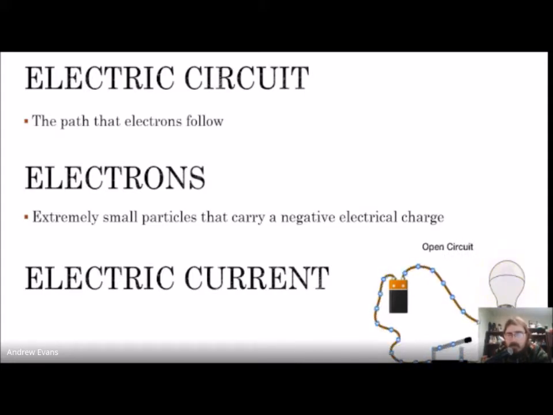When they complete the circuit, they generate electrical current, which is simply the flow of electrons. This is often measured as a rate. So you can have a high current, which would be a fast rate of electron travel, or a low current, which would be a slow rate of electron travel.